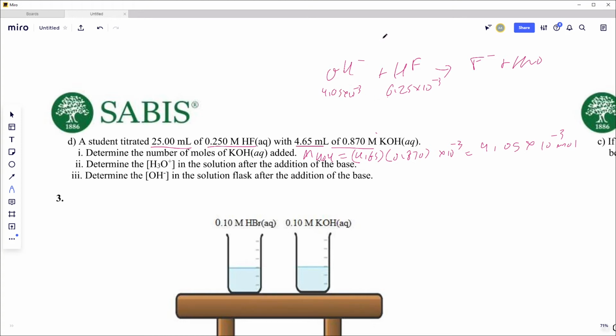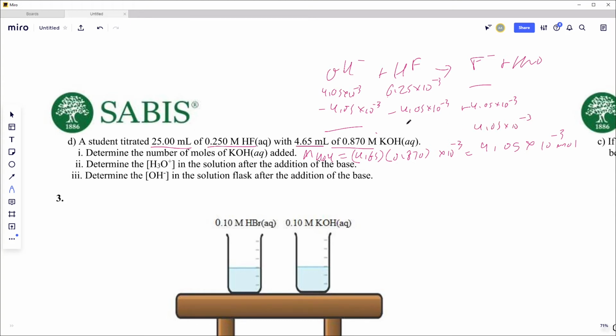If they completely react in a ratio of 1 to 1, this will finish first. So you subtract 4.05 times 10 to the power of minus 3 from each, and here you're going to have plus 4.05 times 10 to the power of minus 3. So here you're going to have nothing, negligible, here you have what's left, and here you have 4.05 times 10 to the power of minus 3.